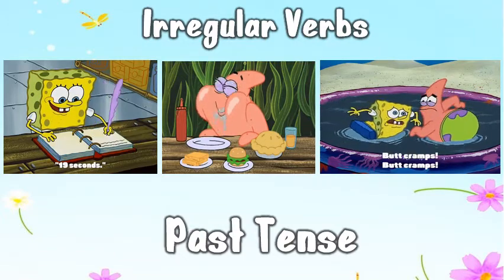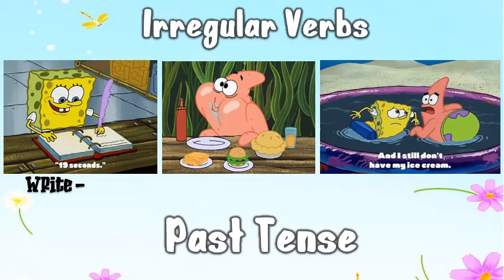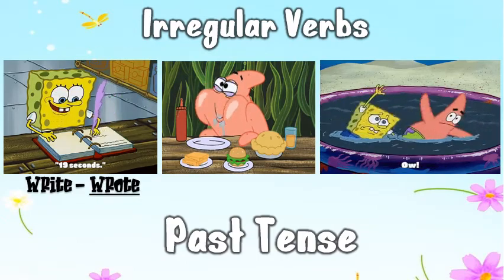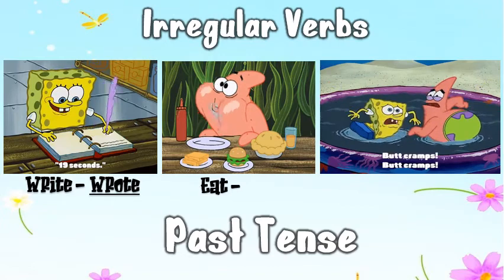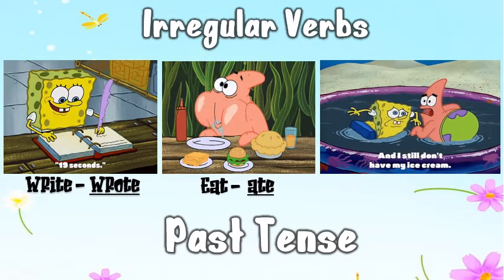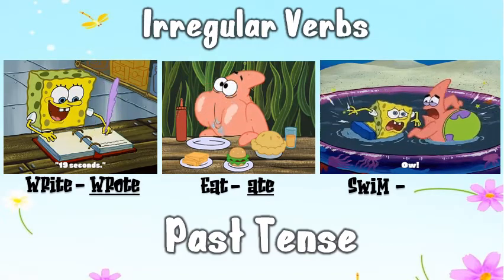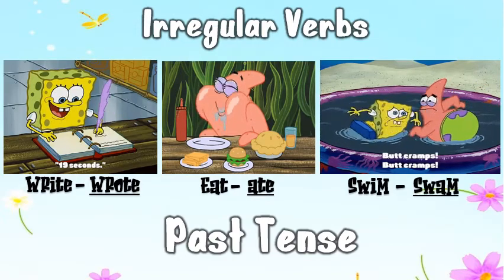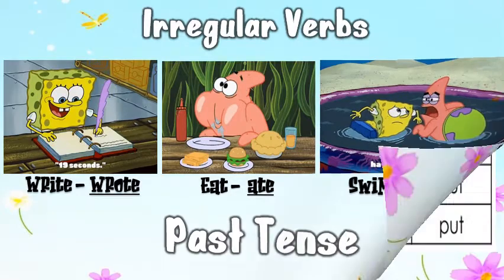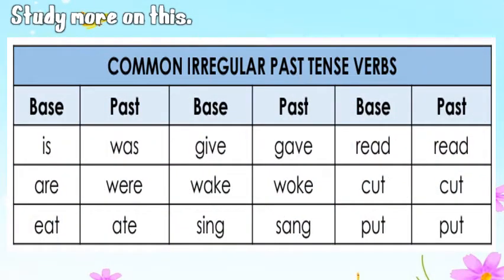For example, from write to wrote, from eat to ate, and swim to swam. Study more on common irregular past tense verbs.